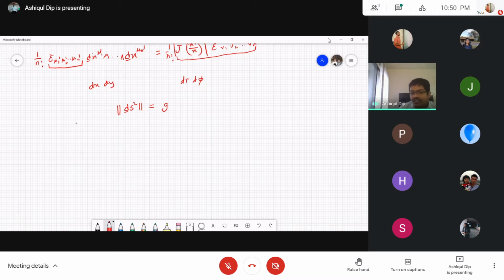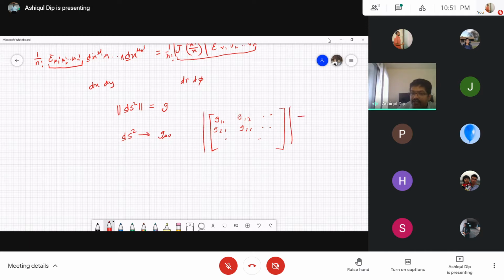So what's the definition of g? The definition of g is: take the components of the metric tensor, g mu nu. Out of g mu nu, construct a matrix, let's write this way: g11, g12, g21, g22, like that, with lower indices, remember, and then take the determinant of the whole thing.